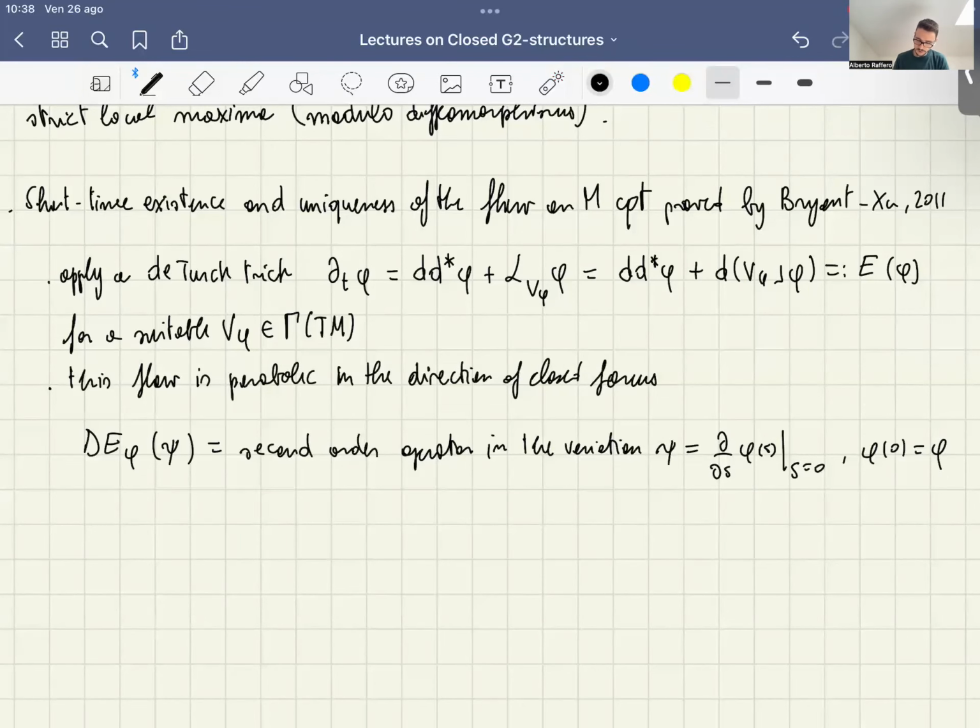So this is a second order operator in the variation that in general is non-elliptic.